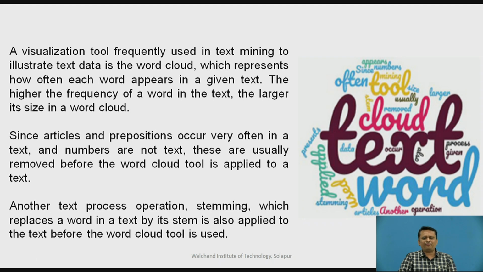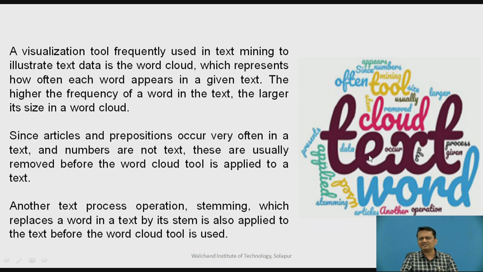So simply, if you have some text information, if you look at this, this is the word cloud drawn for this text information. So what is basically a word cloud? For forming the word cloud, repeatedly used words are taken, and articles, maybe, are neglected. Then if you look at here, the highest font you are getting is for the word text.